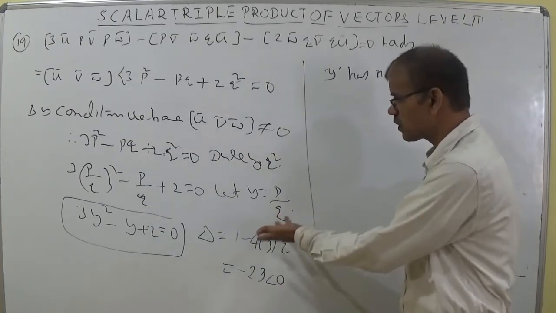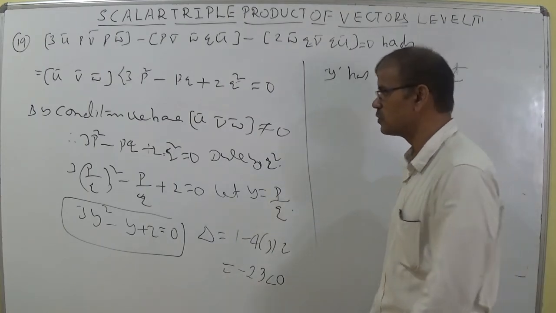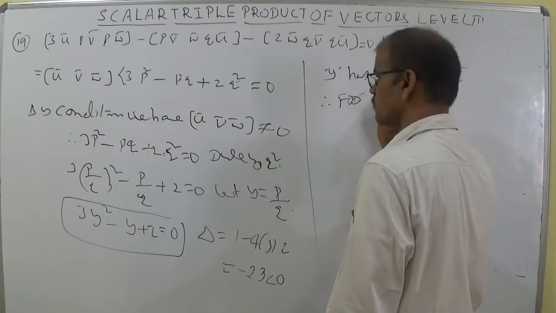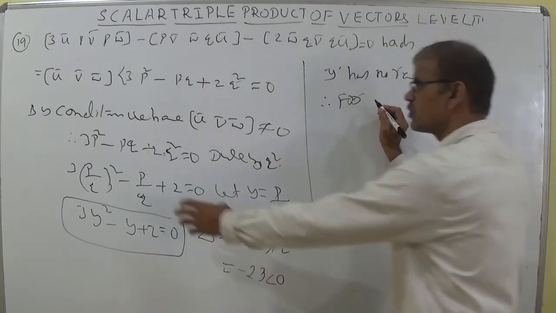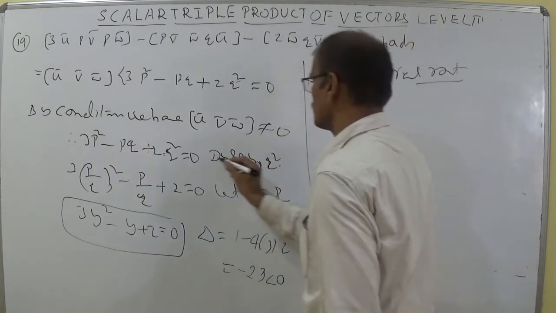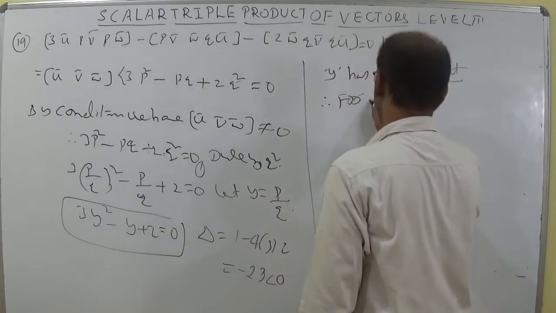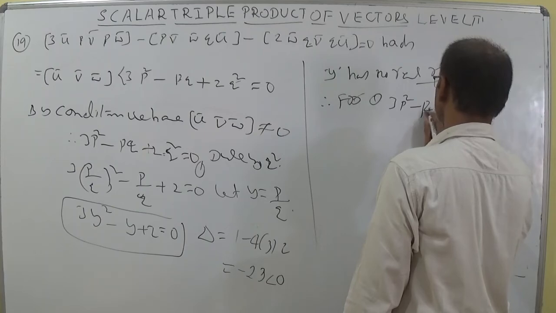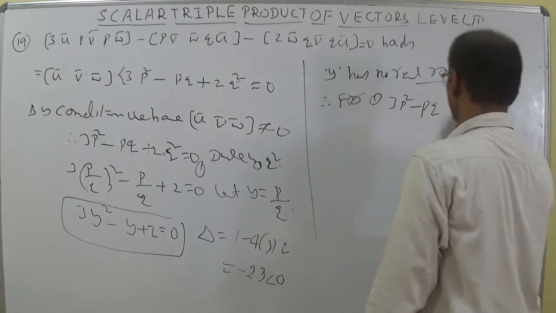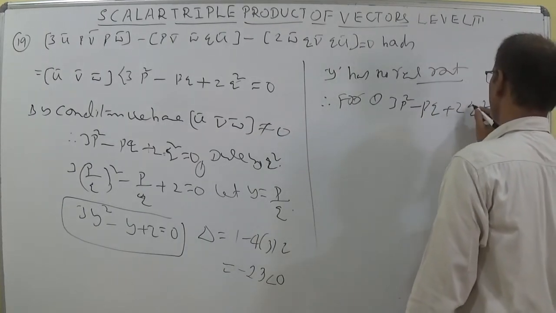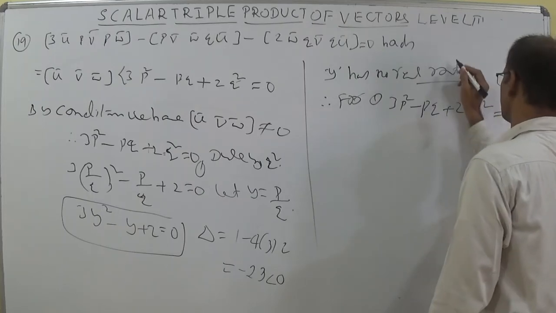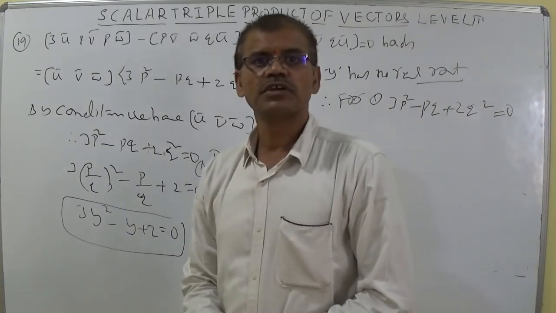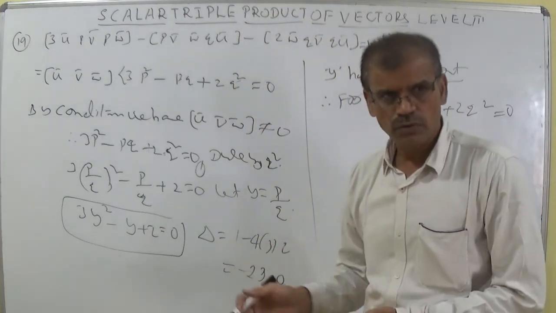Then what becomes y? We have taken y as p by q. If there is no real root, the equation 3p square minus pq plus 2q square equal to 0, when converted into y, did not give a value in real roots.